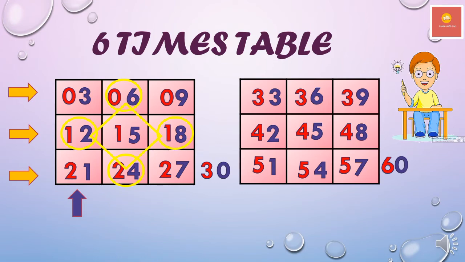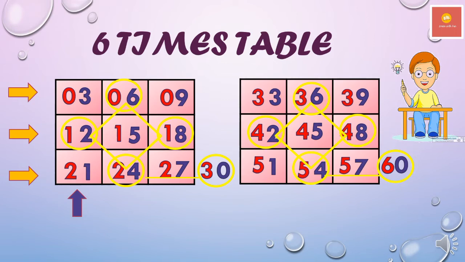For the last one, 24, draw a line till 30 and draw a circle on it. Do the same with the next table. Draw a diamond shape. Then start drawing circles at the edges: 36, 42, 48 and 54. Now draw a line till 60 and draw a circle around it.